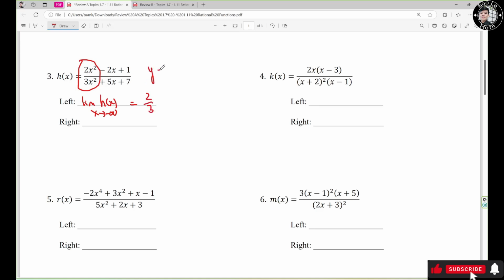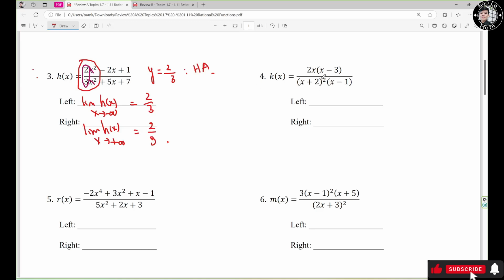Because y equals 2 over 3 is the horizontal asymptote, when the degree on the numerator and the degree on the denominator are the same. And then you just cancel out this one. So the horizontal asymptote is 2/3, right? Now, limit of the function h of s when s approaches positive infinity is going to be 2/3, right?